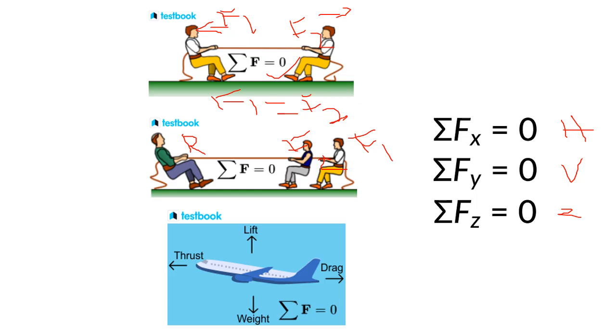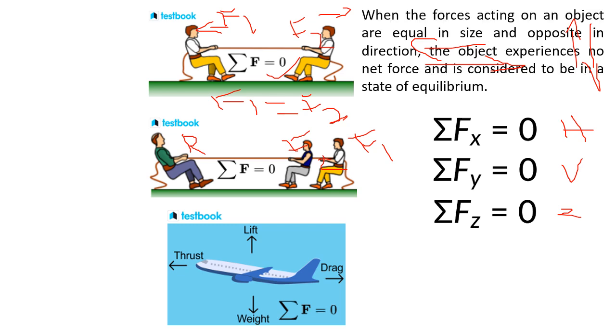If we take this direction as positive, you have to take the opposite direction as negative. Similarly, if up is positive, down will be negative. You should remember that. That is how you do the summation. Then you get this value as 0. This is called equilibrium.